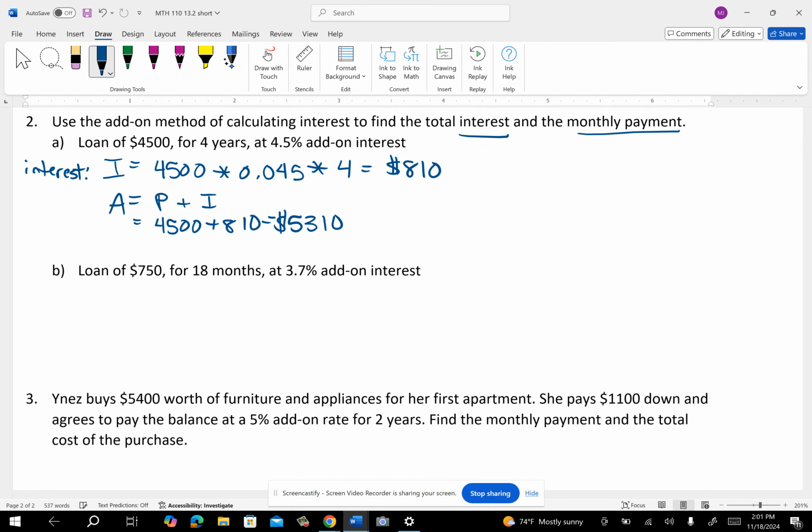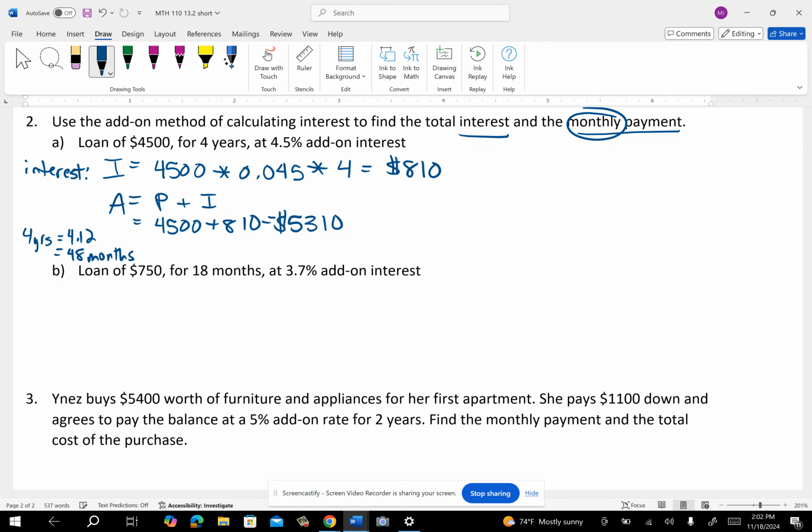But I'm not going to do that all at once, right? I'm going to pay it back in equal installments, and I need these to be monthly payments. So what I'm going to have to think about is that 4 years is the same as 4 times 12, or 48 months, isn't it?